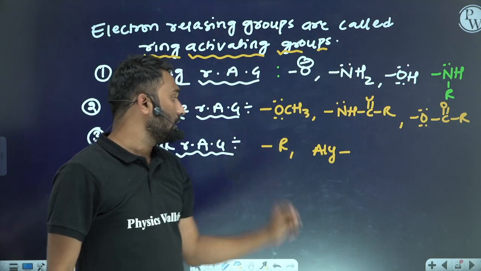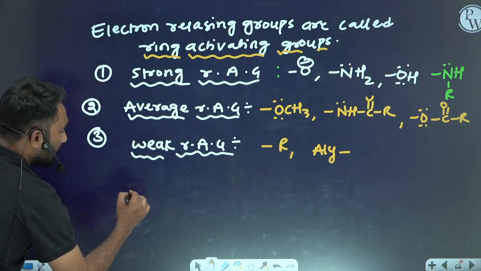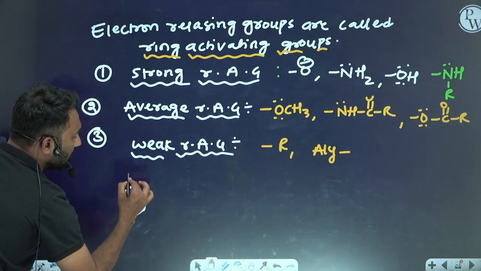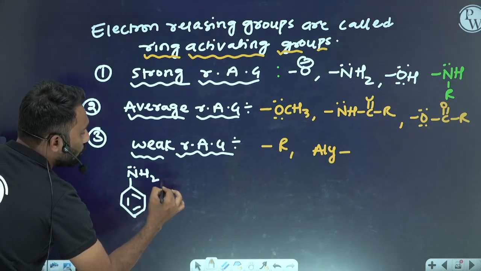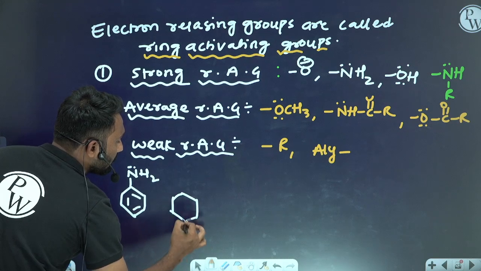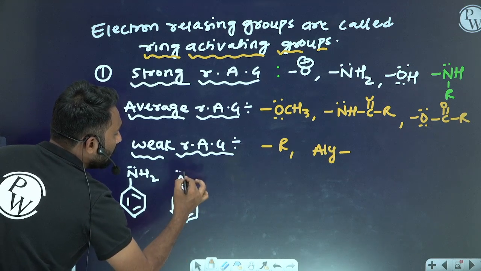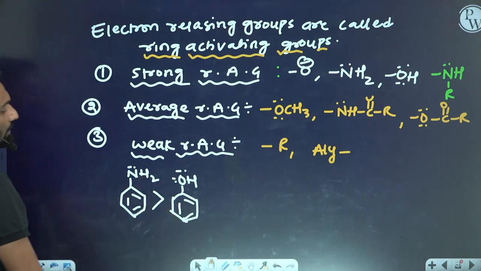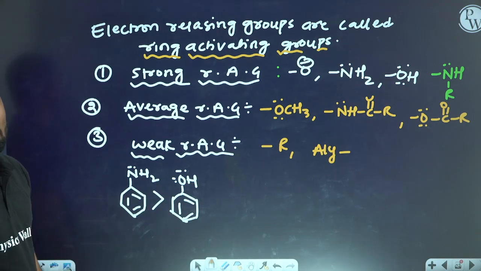Now which one will strongly activate the ring, which one will activate the ring very fast? Aniline and the phenol: aniline will activate the ring very fast.